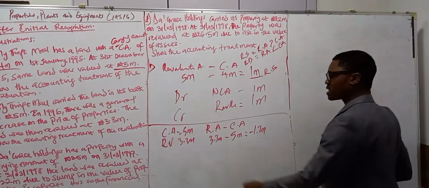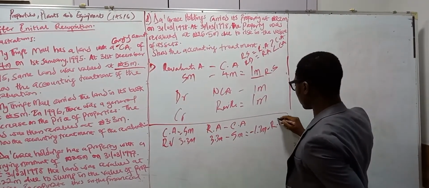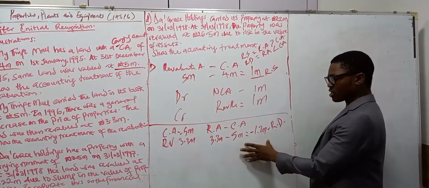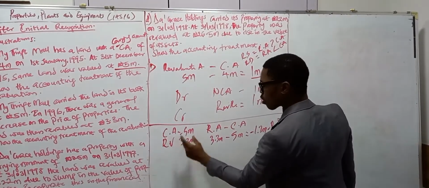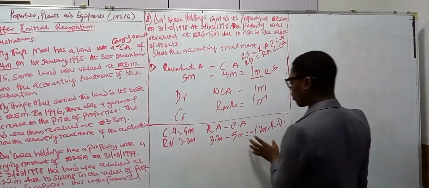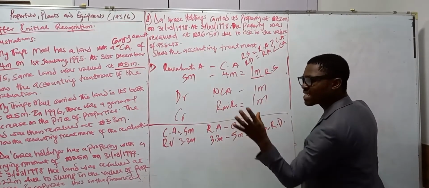And because the revaluation amount is less than the carrying amount, this is a revaluation deficit. If this was at initial recognition, the treatment would have been to credit the non-current assets with 1.7 million and debit the profit or loss with 1.7 million. But we will not treat it that way because this is second revaluation.